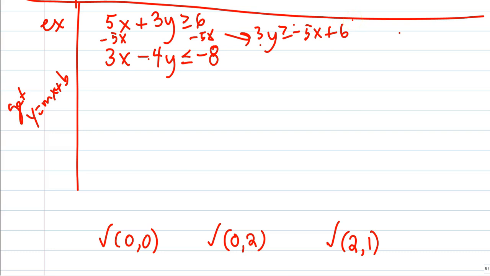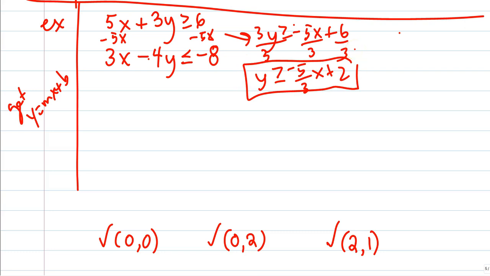And then to get y equals, we divide everything by 3, so that y is greater than or equal to negative 5/3 x plus 2. That will be our first equation.